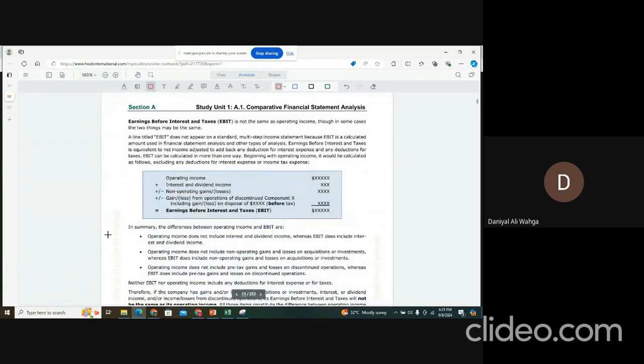It says further, earnings before interest and tax, EBIT, is not the same as operating income. Alright, I agree, though in some cases it may be the same. There are some similarities and some differences. It explains that EBIT does not appear on the standard income statement. So there's a comparison, a US and IFRS difference.